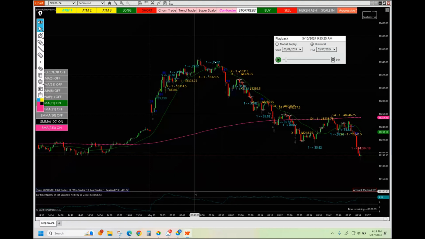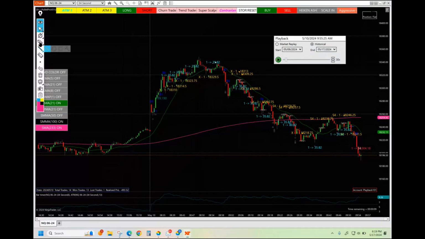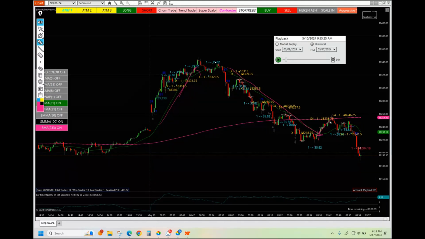So the best trades are when the price was above 21 SMA. Best trades were when price was below 21 SMA. Once it crossed, and that too in this narrow zone, it was a dangerous play. So this is something we have to keep in mind.